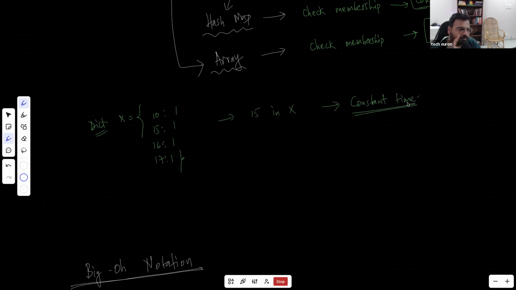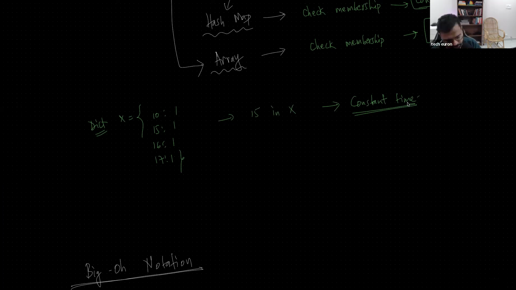In one step only, we can find out whether 15 exists in X or not. Why are we able to do that? That you will understand when we learn about hash maps, how hash maps work, because a hash map is also a data structure.